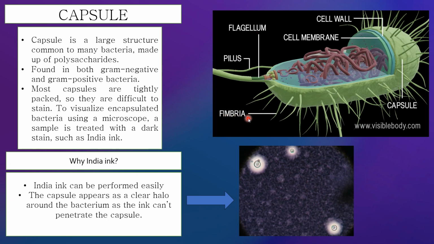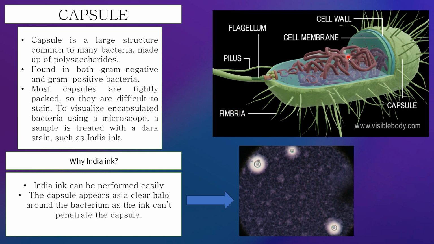Here it is fimbria or fimbriae. The pilus is made up of a protein called pilin protein, and the fimbria or fimbriae is also made up of a protein called fimbrin. Okay, pilin and fimbrin, these are two types of protein. Pilus is made up of pilin, and fimbria is made up of fimbrin.